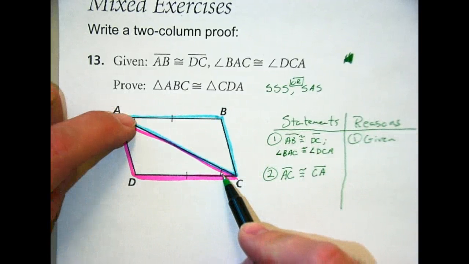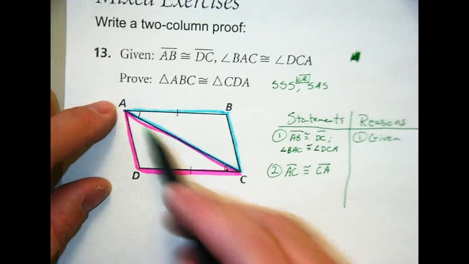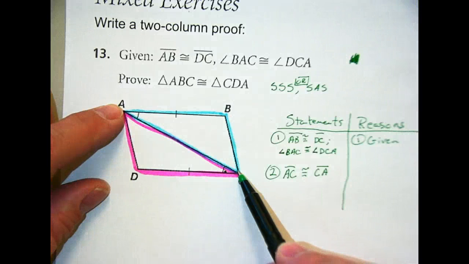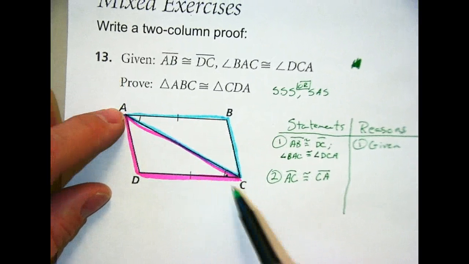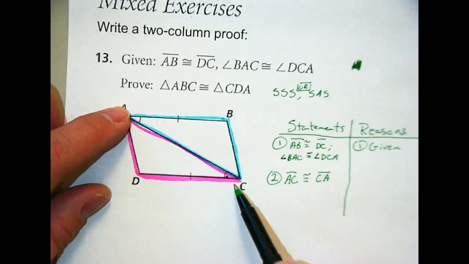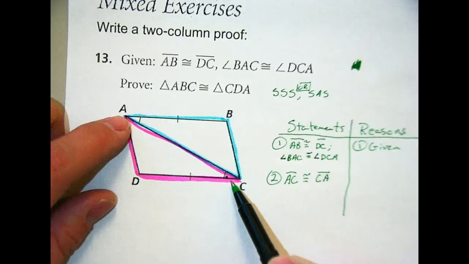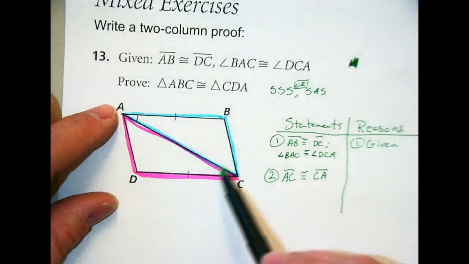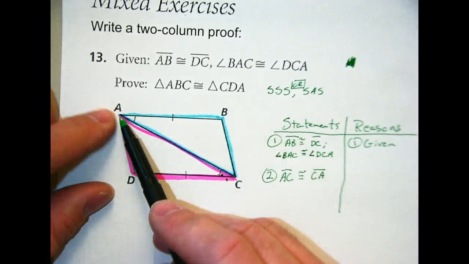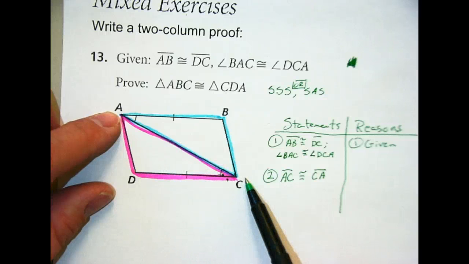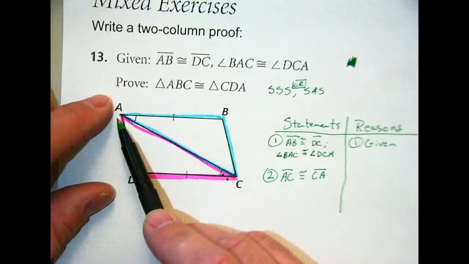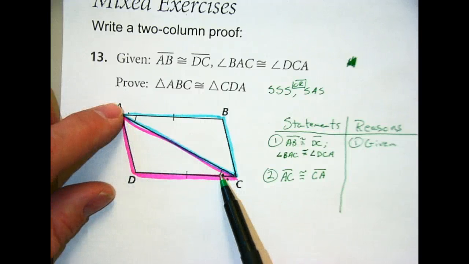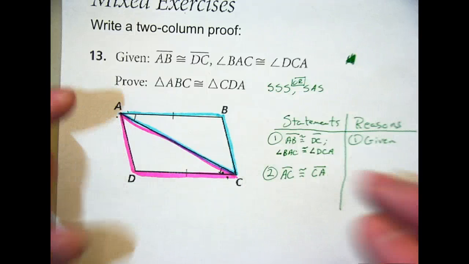Therefore, when I start this line in this triangle at A and go to C, I have to start with the same angle that corresponds to that angle in the other triangle. C, go to A. Everyone get that? It's because this angle corresponds to that angle. So when I say AC of this triangle, that is the same side as CA of the pink triangle. Because this angle corresponds to that one. You've got to have the same starting point, like if you were to lay the triangles on top of each other.